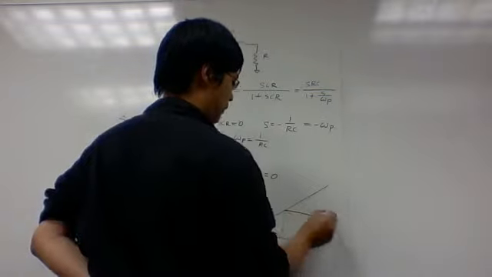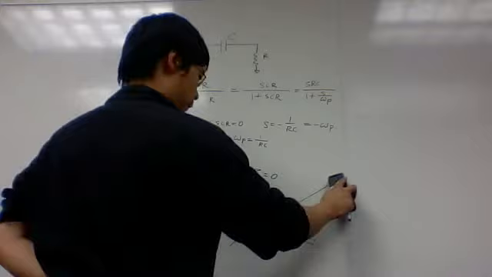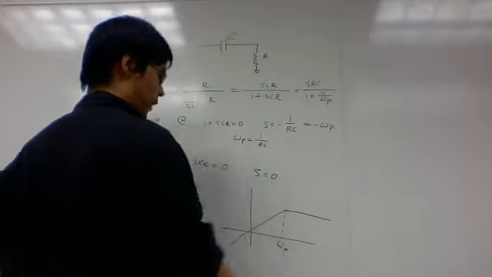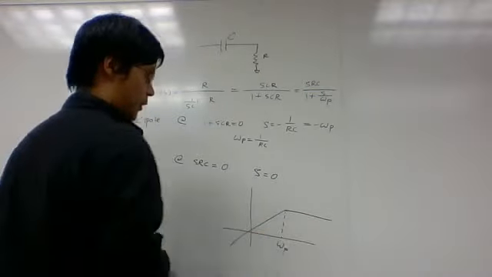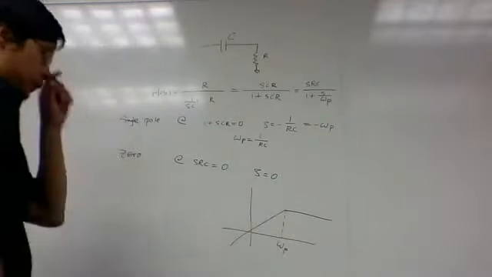So what you get is actually flat. You become flat because you're hitting another pole. Pole and zero, in fact, cancel each other. So what you have is a flat response like this, and it's a high pass at the very beginning.